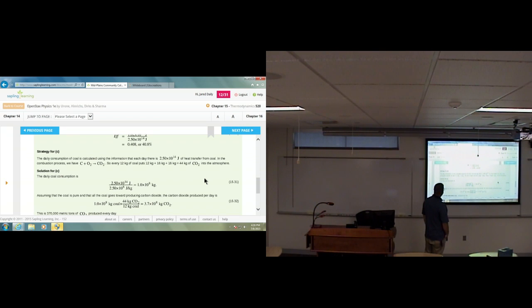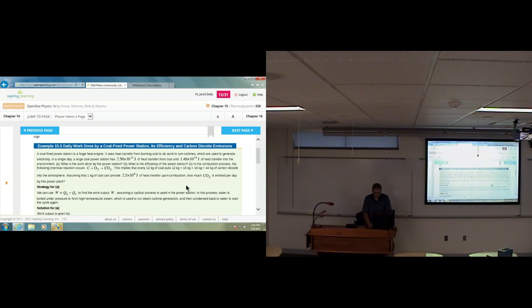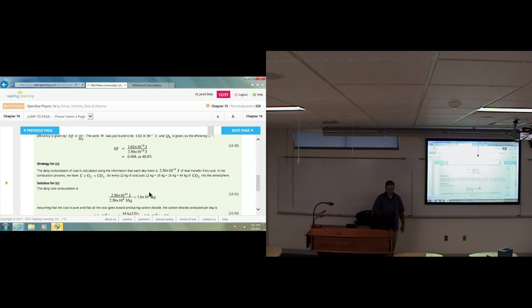That's the wrong one. This one is actually given to us in the problem at the beginning: assuming that 1 kilogram of coal provides 2.5 times 10 to the 6 joules. So down here, for every kilogram of coal, this is what we get. And this is how much energy we use, so you divide these two to get the amount of kilograms.